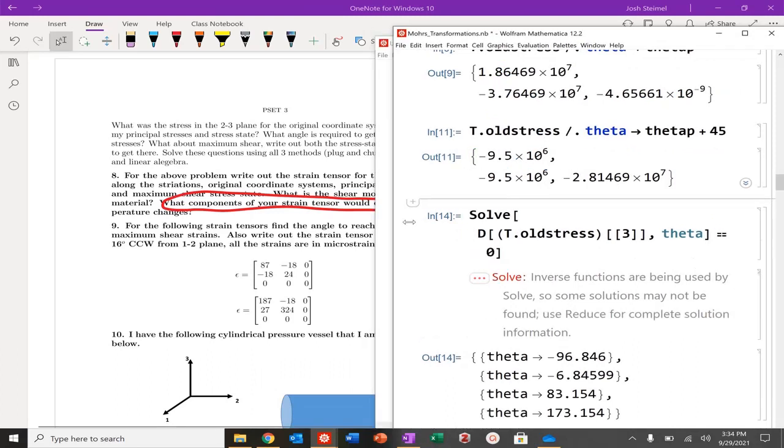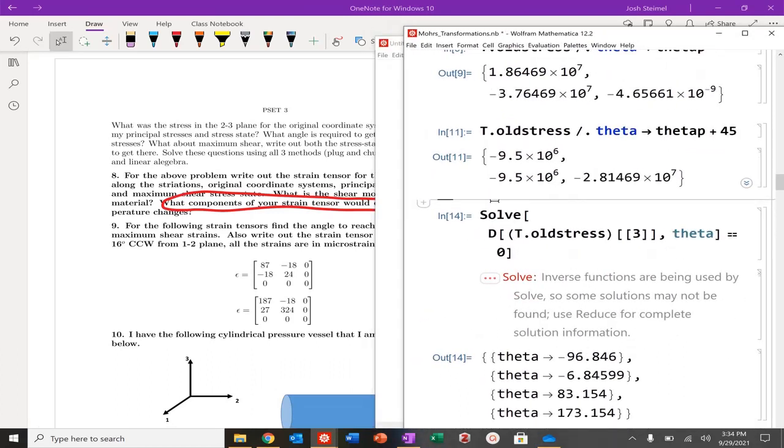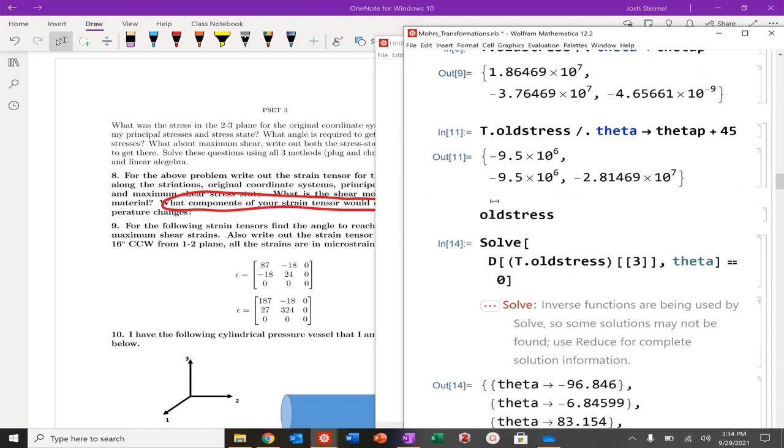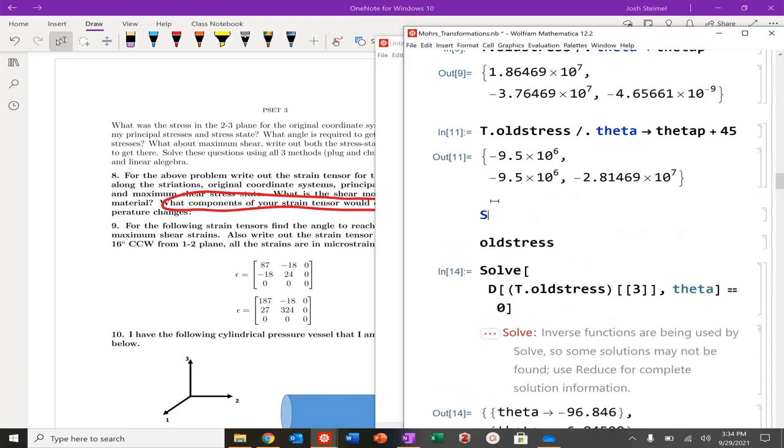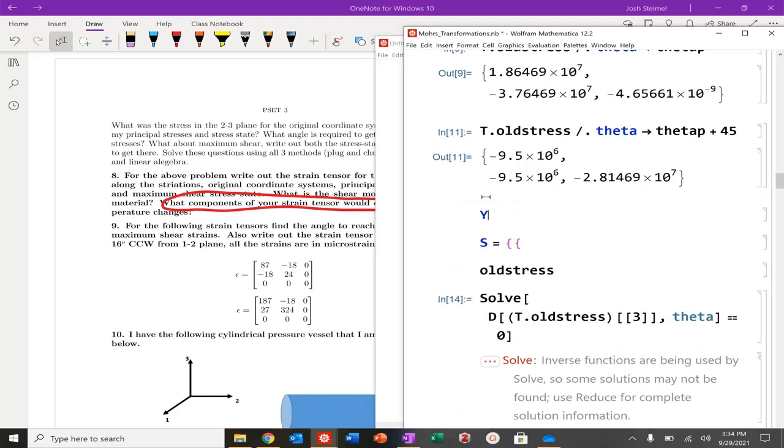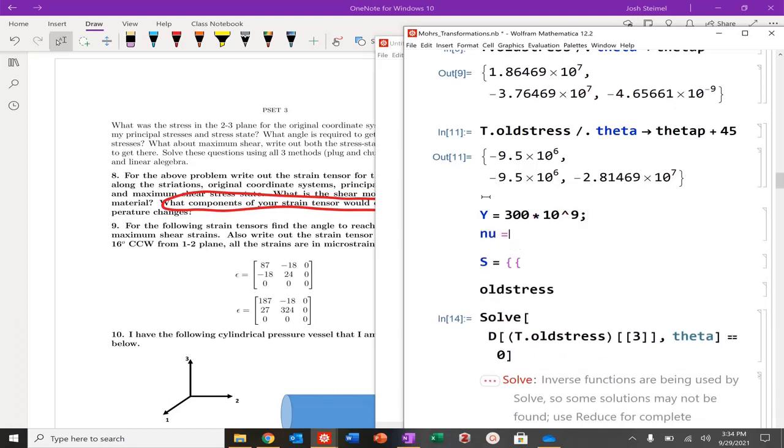I've got my value of old stress, and I need to write out my S. I'm going to define Y equals 300 times 10 to the 9th, and my nu is equal to 0.2. So this is going to be 1 divided by Y, minus nu divided by Y, and then 0.